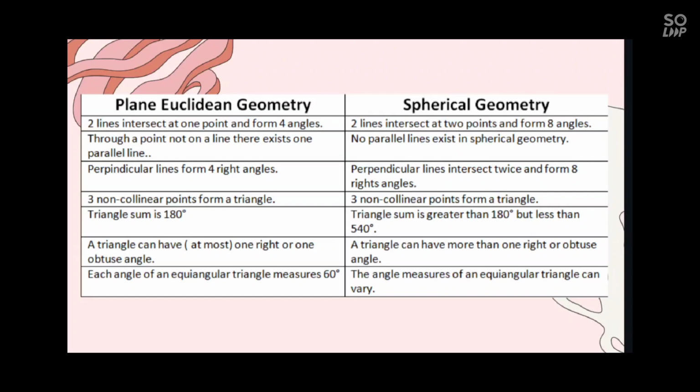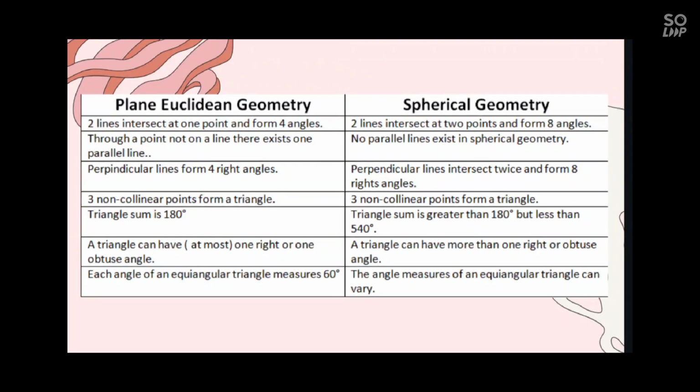Both plane and spherical geometry have three non-collinear points forming a triangle. But in plane Euclidean geometry, the triangle sum is 180 degrees, while in spherical geometry, the triangle sum is greater than 180 degrees but less than 540 degrees.